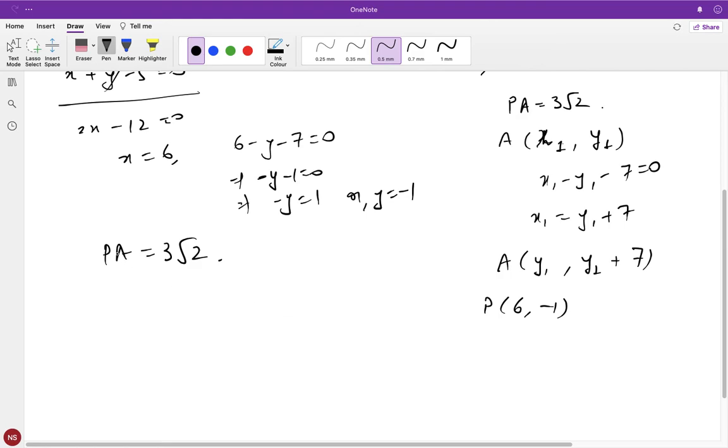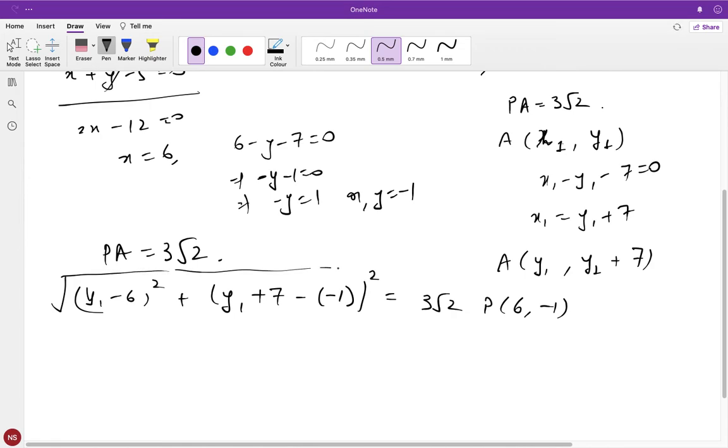So we can find the value of y1 from here. (y1 minus 6) whole square plus (y1 plus 7 minus of minus 1) whole square equals 3 root 2. You have to take square root here. So square both sides: (y1 minus 6) whole square plus (y1 plus 8) whole square. 3 square is 9, 9 times 2 is 18.